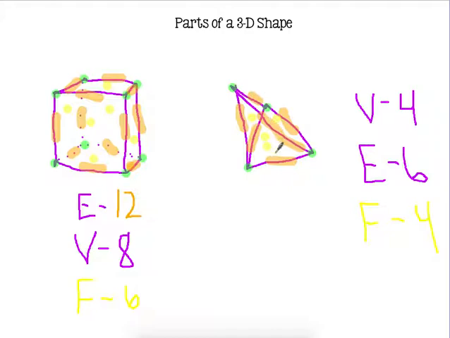But the bottom face of a pyramid can change. It could be a square, a rhombus, a pentagon again. It can always change. But being able to look at and count these different faces and sides and vertices will help us know and understand a 3D shape.